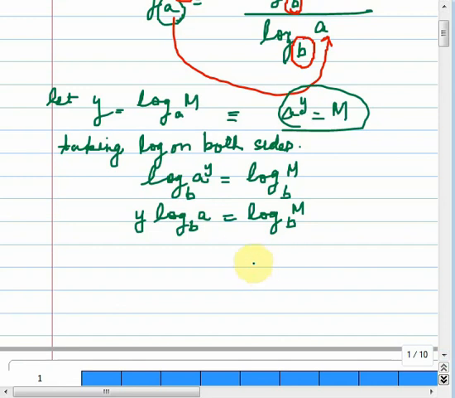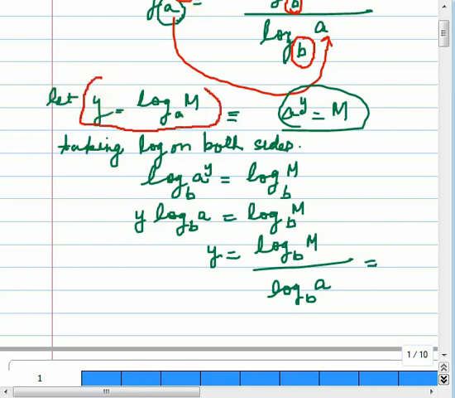So y is equal to log m to the base b divided by log a to the base b. And what was y? We have already defined y here, and this is equal to log m to the base a.